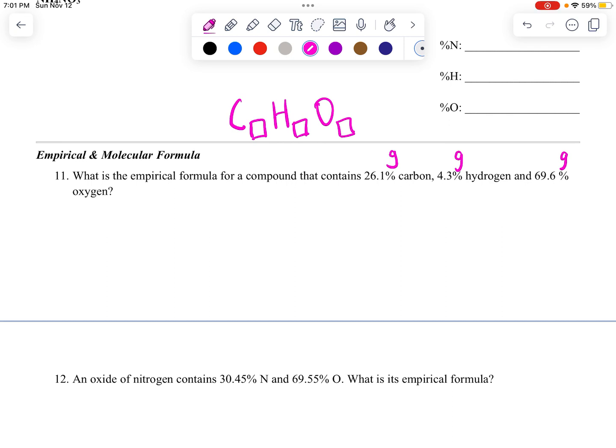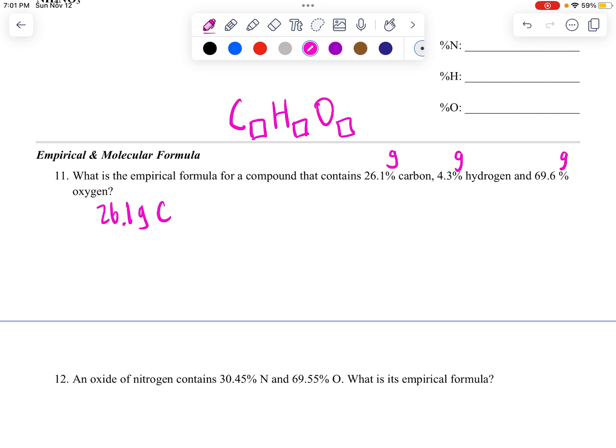Our first step is to convert from grams to number of moles. We can convert from grams to moles by using the molar mass of each element. So let's give that a try. 26.1 grams of carbon.